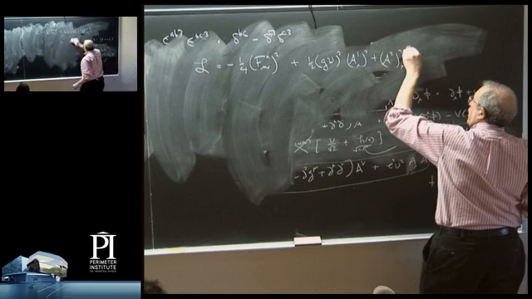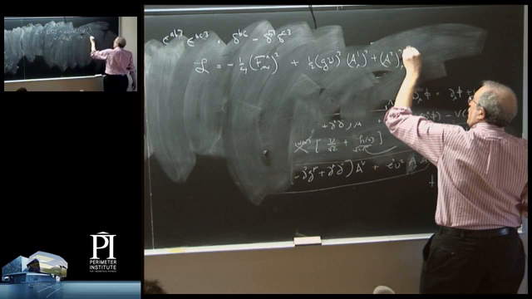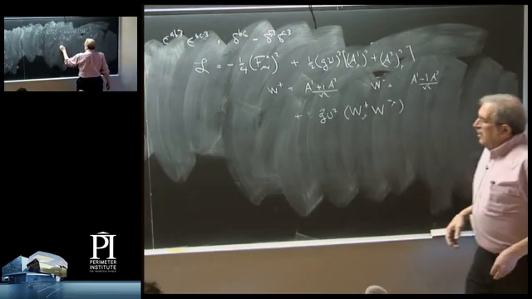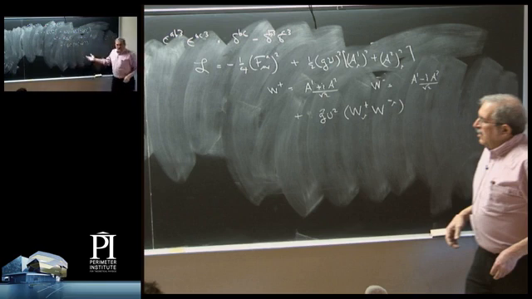Equally well, I could write W plus is A1 plus i A2 over the square root of 2, and W minus is A1 minus i A2 over the square root of 2. And then this term here would be G squared V squared W plus W minus. It would be a mass term for a charged vector field.